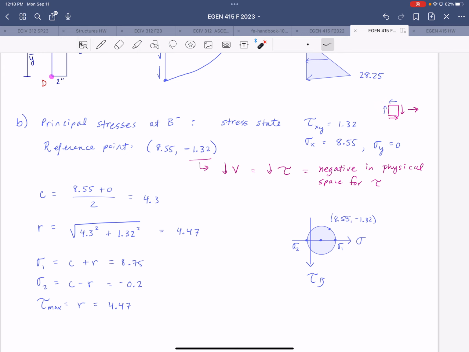So that would plot your shear stress below the horizontal axis. And so then your point would be sigma y, and then the positive tau, which would be right here. And it would be opposite that one. So you would use that as your reference point, and from there you could calculate. Either of those approaches are fine. You just have to make sure you're keeping track of the shear stress sign convention. So, fun stuff.